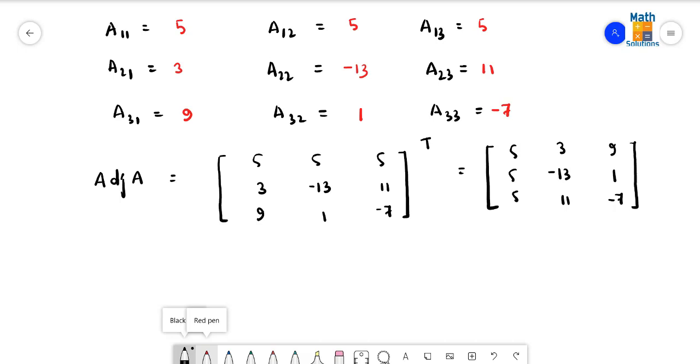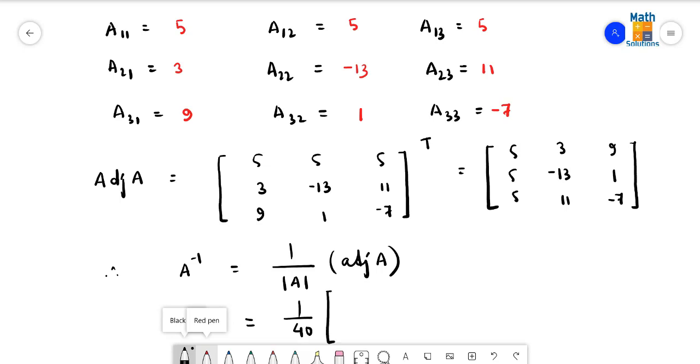After this, therefore A inverse is equal to 1 by determinant of A into adjoint of A. So let's find it out. It will be 1 by 40, since the determinant evaluated was 40, times this matrix.